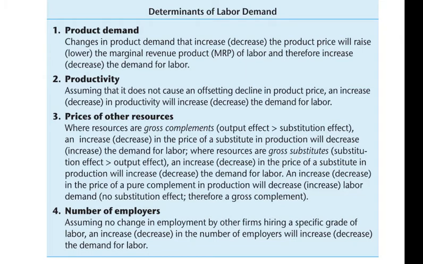In the case of gross complement, that means we need to combine the inputs of our workers and the inputs of these other resources in our production process. Therefore, an increase in the price of a complement input or resource will decrease the labor demand in the production of that particular product.